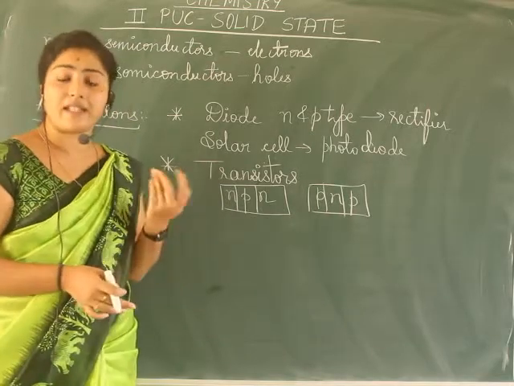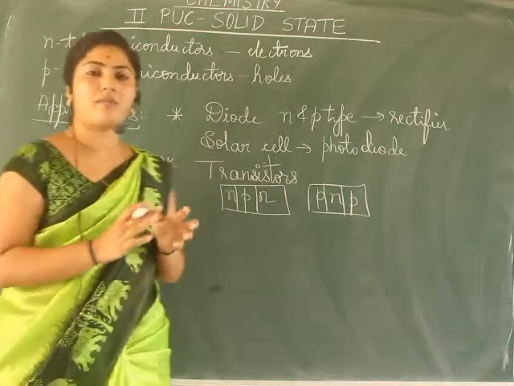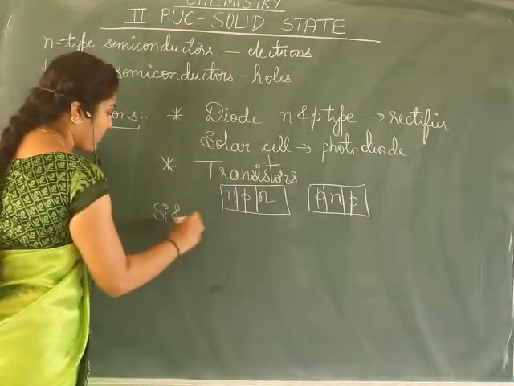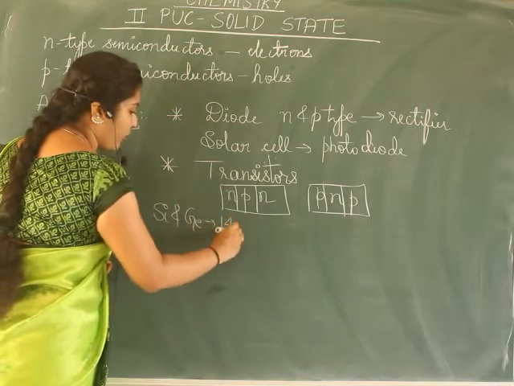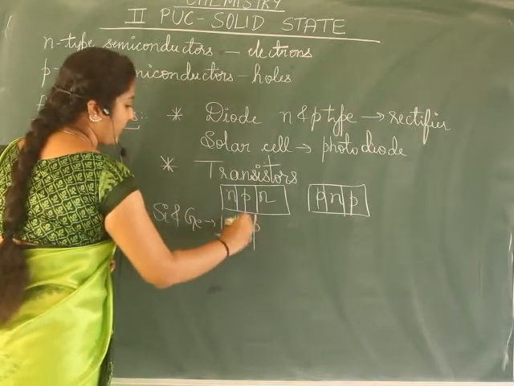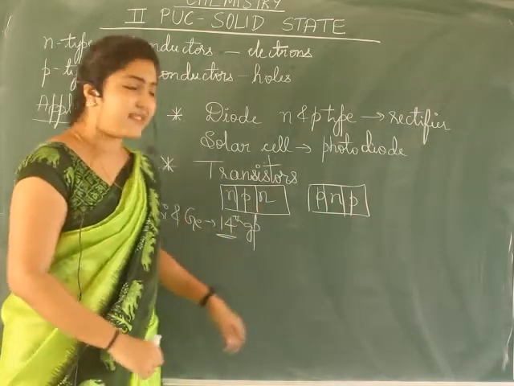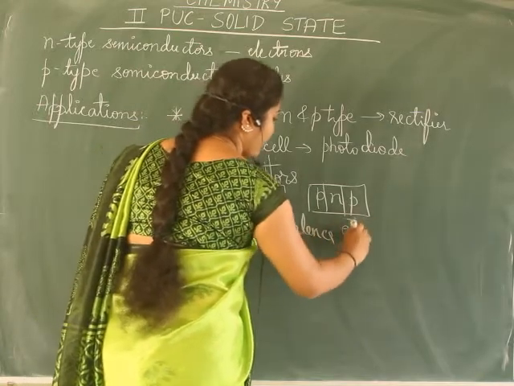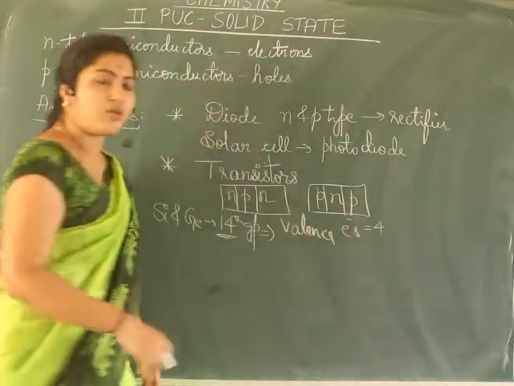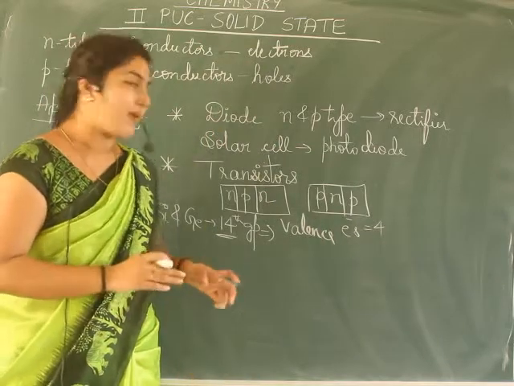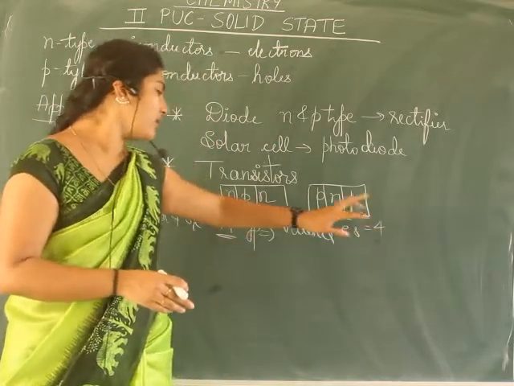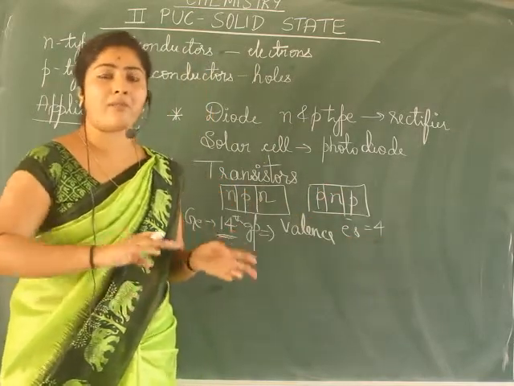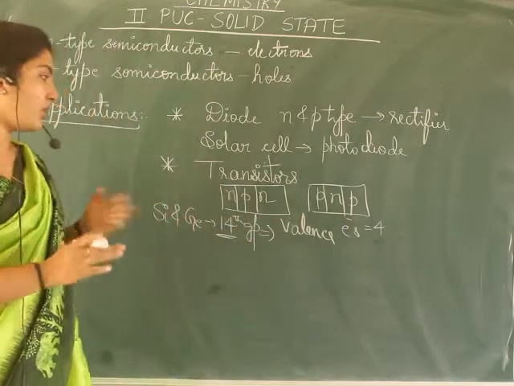We know silicon and germanium are generally used as semiconductors. They belong to group 14, isn't it? Silicon and germanium belong to group 14, so the number of valence electrons will be 4. What is usually done nowadays is they try to bring the valency of the semiconductors to that of silicon and germanium by adjusting the group elements.